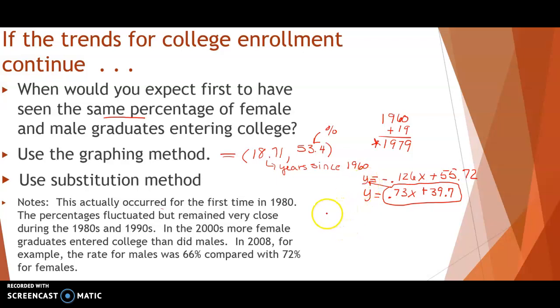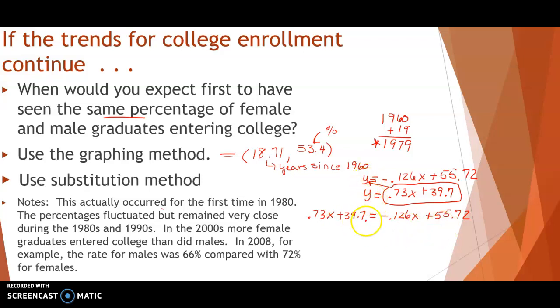So putting the two equations together, I'd have 0.73x plus 39.7, and then continuing, equals negative 0.126x plus 55.72. So truly, we have substituted this amount into the first formula for the y value.